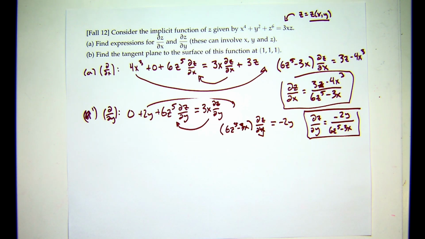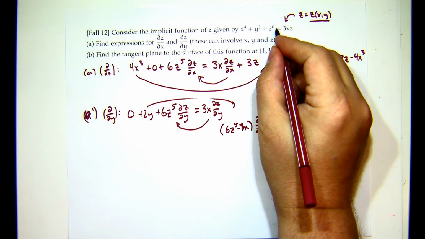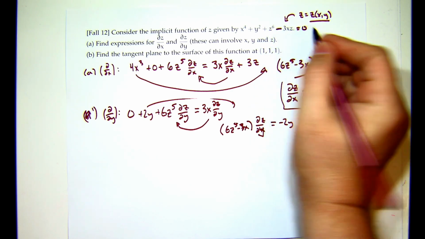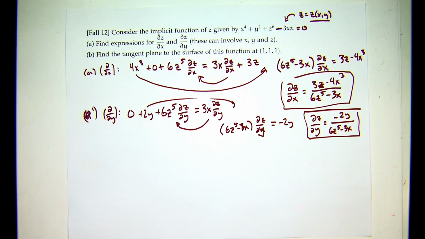Maybe it's possible? Anyone? So in other words, can I shove all the variables on one side? How do I do that? Yes, I do this very fancy thing called subtract. And I can shove all the variables on one side.